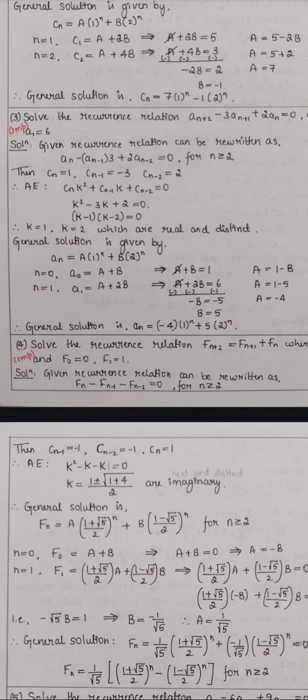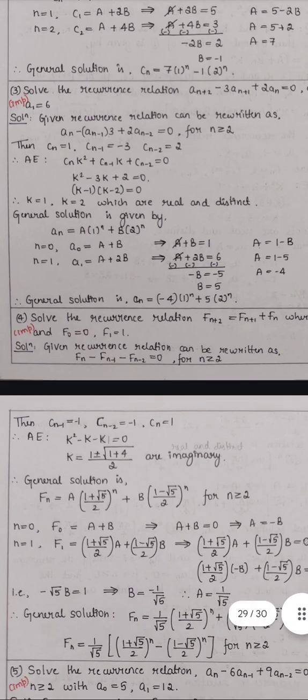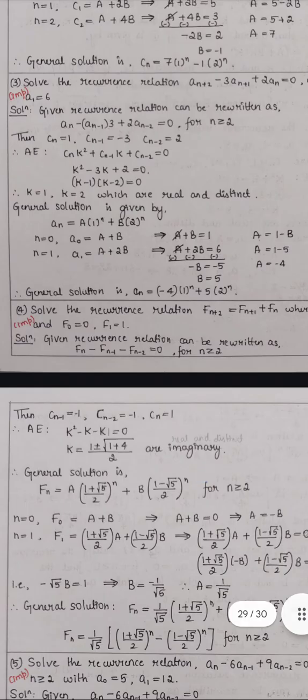Cn equals 1, Cn minus 1 equals minus 3, Cn minus 2 is 2 for every n greater than or equal to 2.